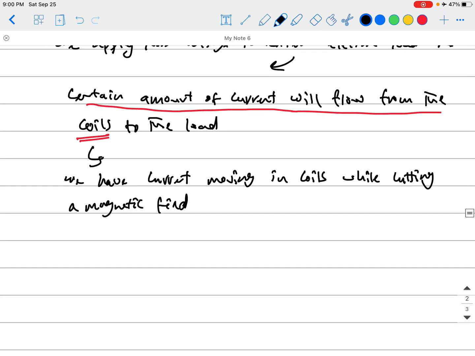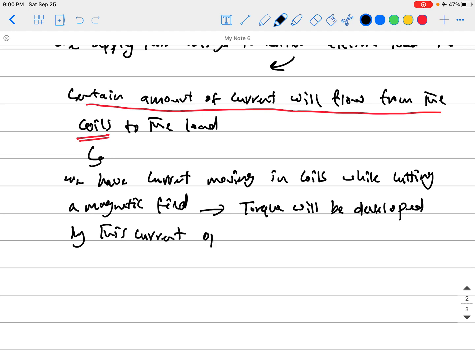Okay, guys? So, torque will be developed by this current opposing the external torque. And that's what I mean by you have a small motor inside the generator.